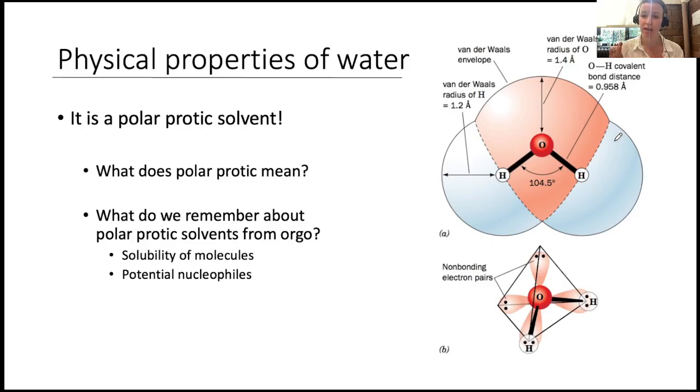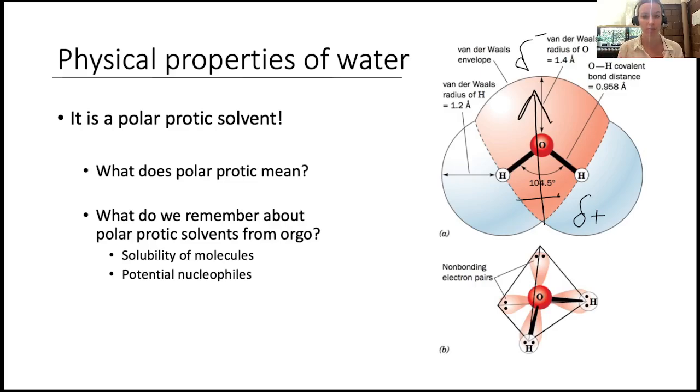We should understand that due to the electronegativity difference of oxygen versus hydrogen, we can draw this dipole moment across the molecule. And this tells us that the molecule has a partially positive end and a partially negative end. So this is what we mean by polar, contains electronic poles.